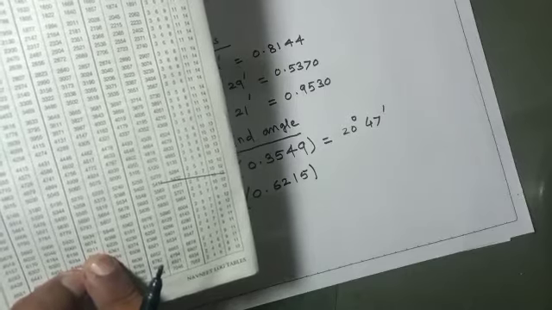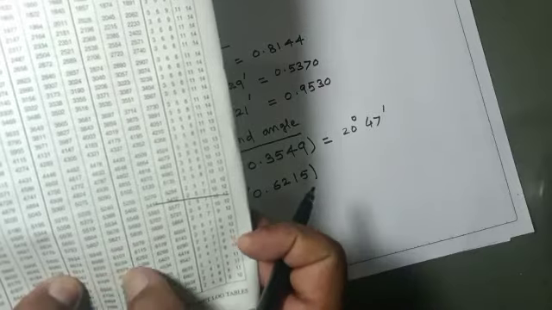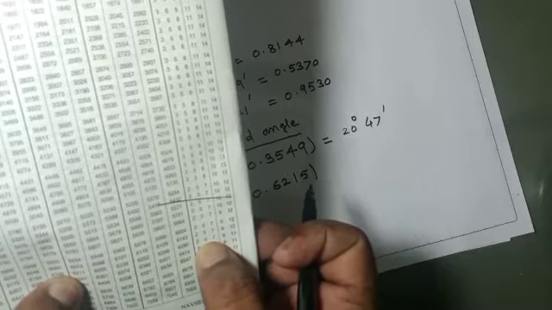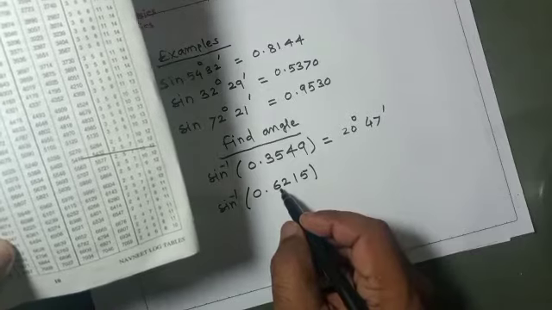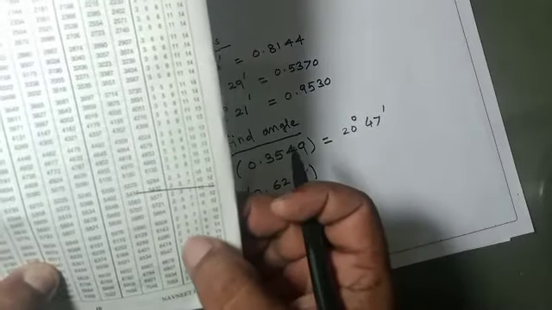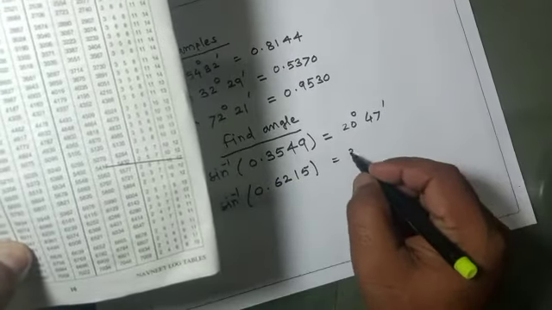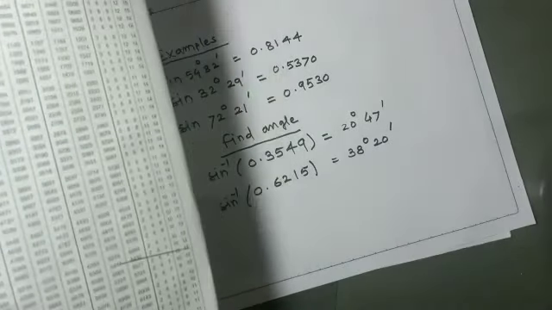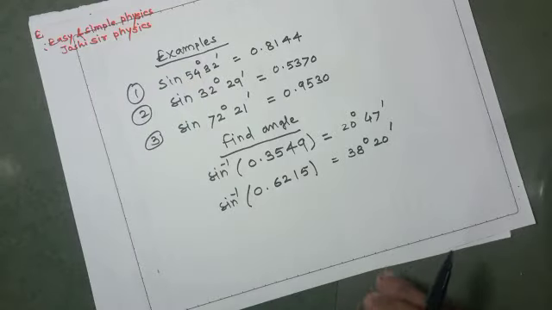Okay, 38 degree 18 minutes. If we add the value 4, here value 4 is not there but value 5 is there. If we add 5, it becomes 0.6216, but we want 0.6215. So these 5 means mean difference of 2 minutes can be added, so it is 38 degree 20 minutes.